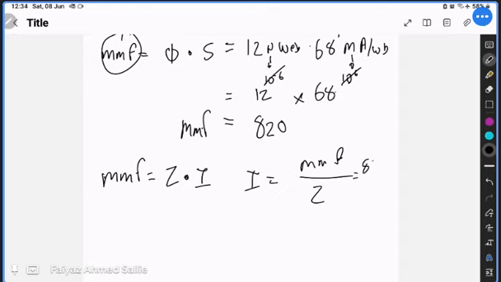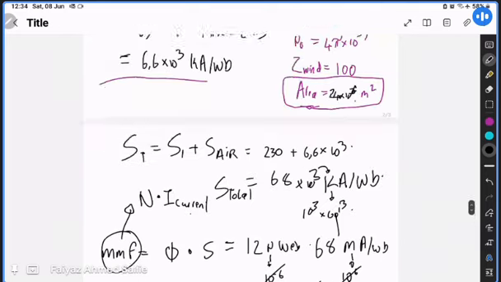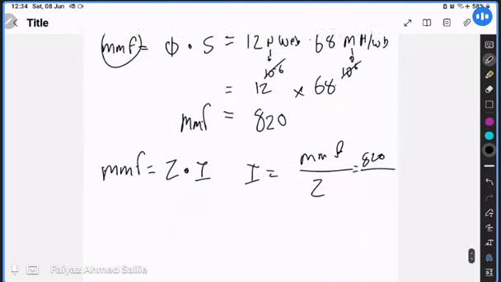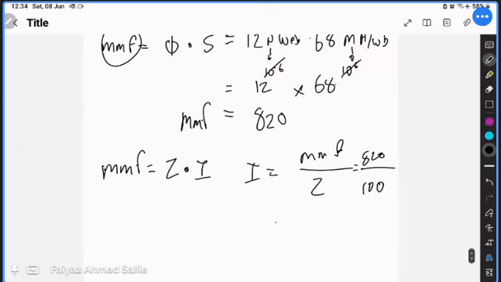And we have 820 over the number of windings, which is 100, and we have a current of 820 over 100, which is equal to 8.2 amps.